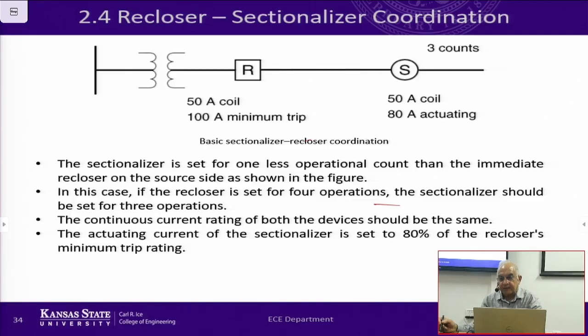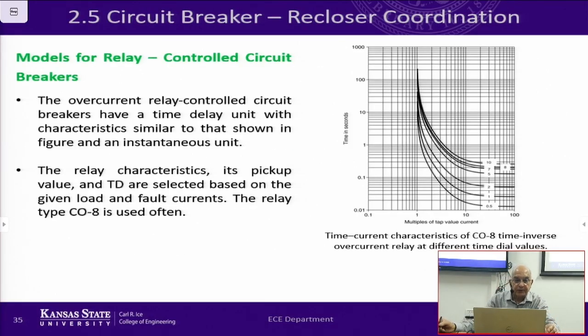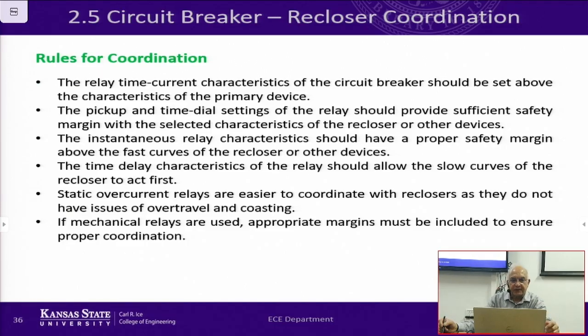Okay, now what we want to do is look at circuit breaker recloser coordination. In this case, the circuit breaker does not have its own protection mechanism, so a relay is used to operate the circuit breaker. We're going to assume that the relay is a CO8 relay with the characteristics shown here. And again, the rules for coordination are: the relay time current characteristics of the circuit breaker should be set above the characteristics of the primary device.